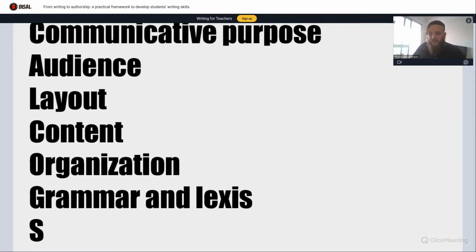Then grammar and lexis. So, what kind of grammar and what kind of vocabulary is used in this text, in this genre? So, you get grammar, for example, you have very short imperative sentences. Hi, Karin. You have very short imperative sentences, right? So, cut this, add this, mix this, right?